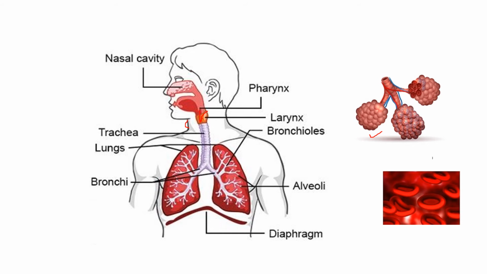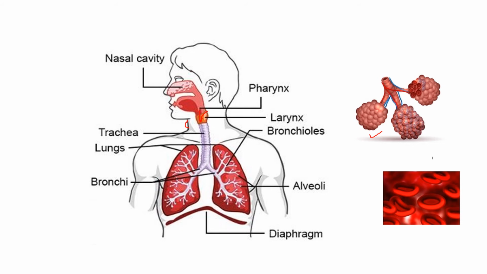So why does it need to have the large surface area? Because you know that oxygen which reaches inside the alveoli, and these alveoli are richly supplied with blood capillaries. So with these blood capillaries present inside the alveoli, a lot of oxygen can be absorbed.